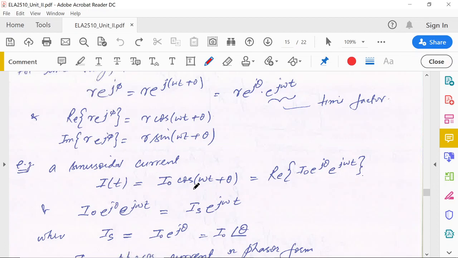So we can write this as the real part of I naught e to the power j theta times e to the power j omega t. That is, first you can write the real part of I naught e to the power j omega t plus theta, and when you split you will get these results.